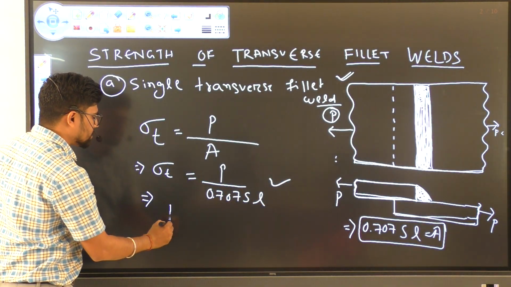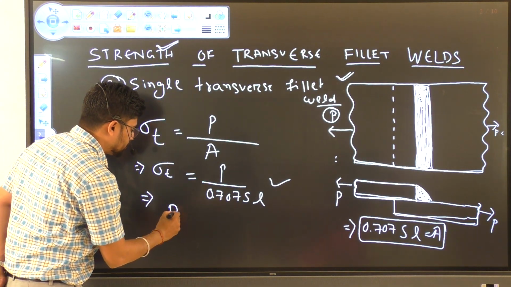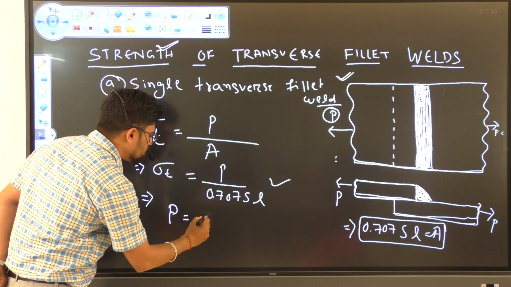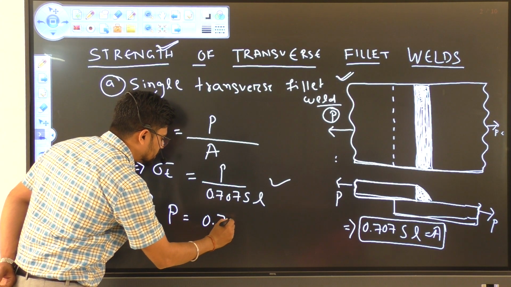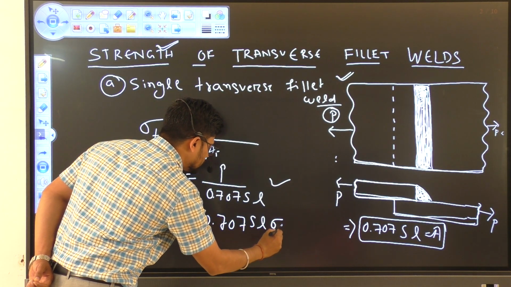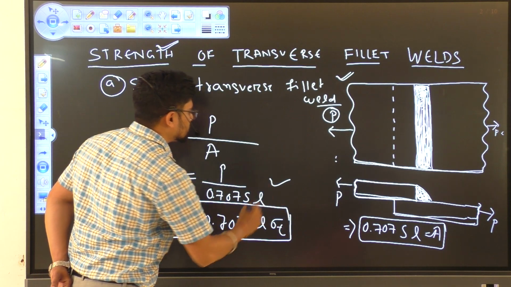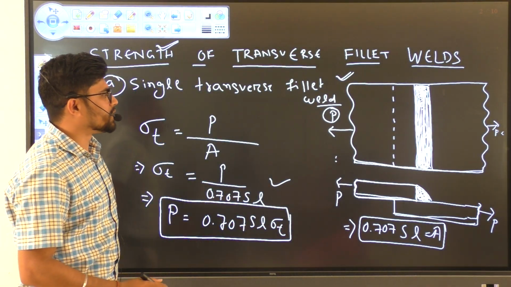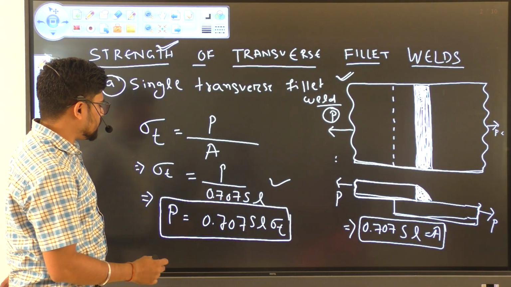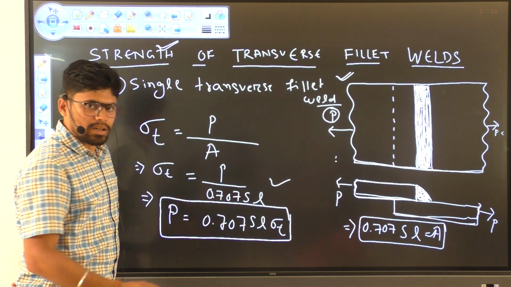So P equal to 0.707 SL sigma T. So the strength of the single transverse fillet weld is 0.707 SL sigma T.